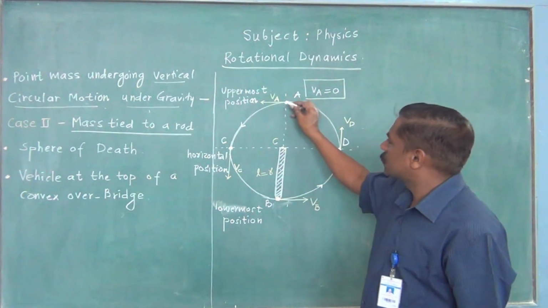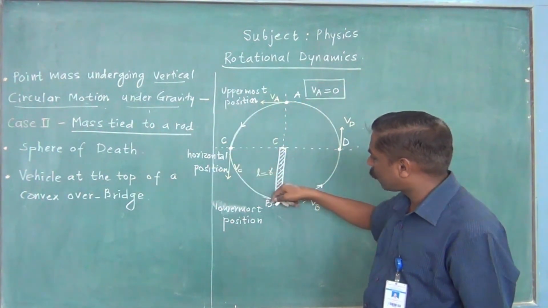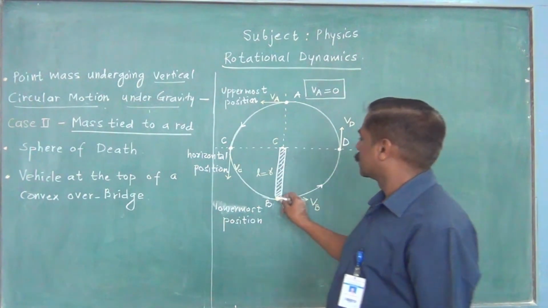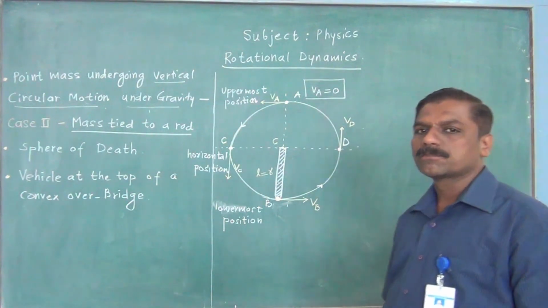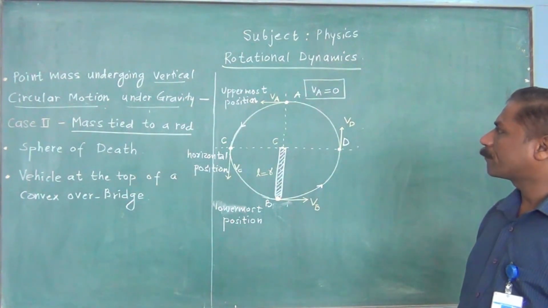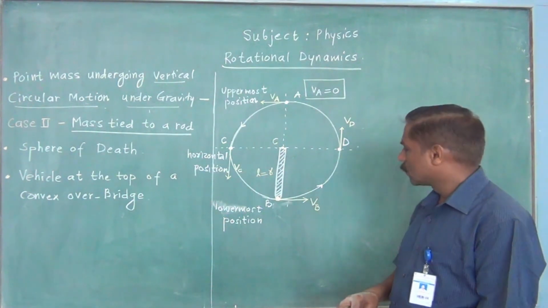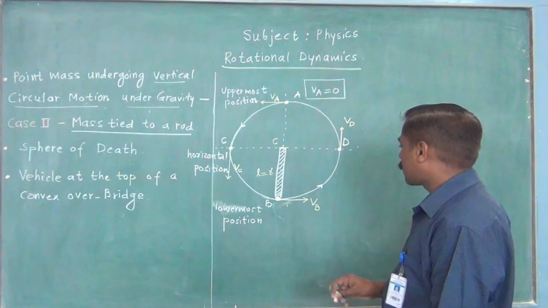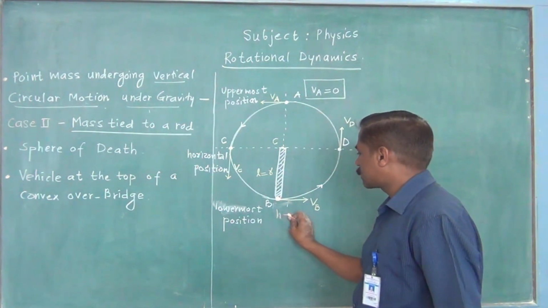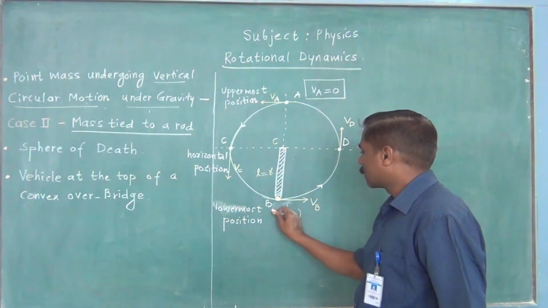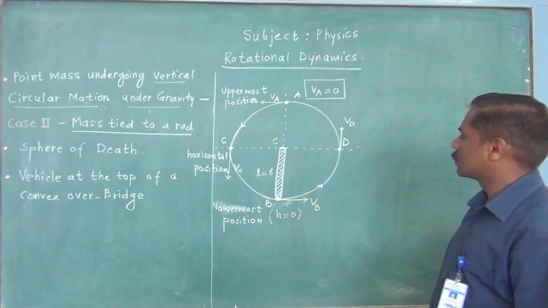Now as this particle will move from A to C and again from B, we are discussing this effect under gravity. So the same thing you can observe here by using the law of conservation of energy. At point B, height is taken as 0, means at point B the potential energy is 0.